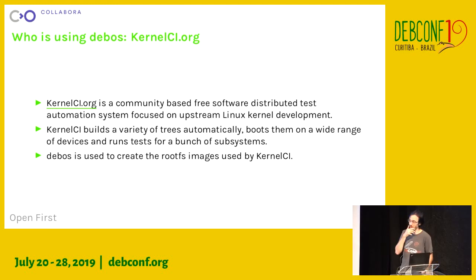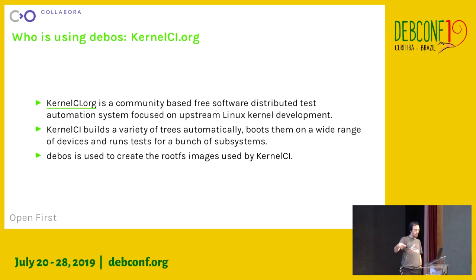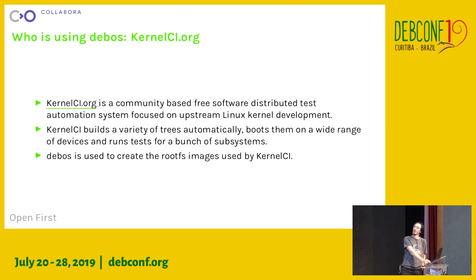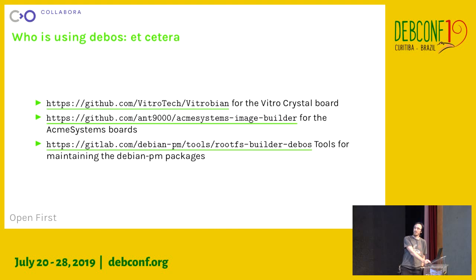It builds a bunch of branches of the upstream Linux kernel, builds kernels targeting different devices, and runs the kernel on the devices. Upon boot it runs a set of tests so that we can detect failures or regressions very early. So images, root file systems for KernelCI are also built using Debos. And there are also some more projects using Debos already.